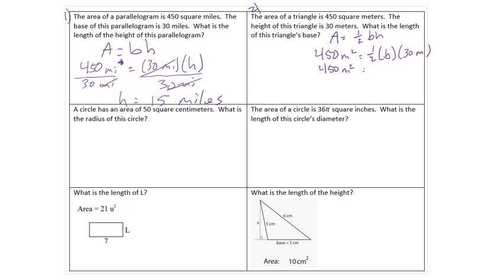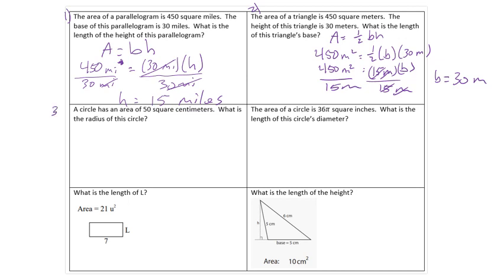Now 1/2 times 30 meters is 15 meters. Times B, divide both sides by 15 meters. These cancel, and the base would be 30 meters, because 450 divided by 15 is 30, and meters squared divided by meters is meters.